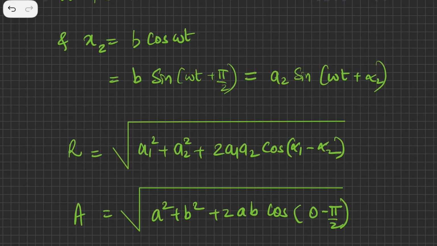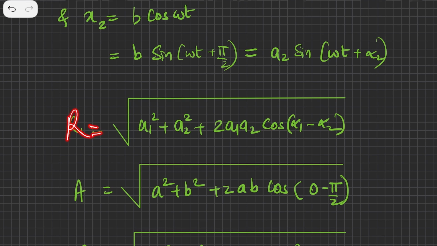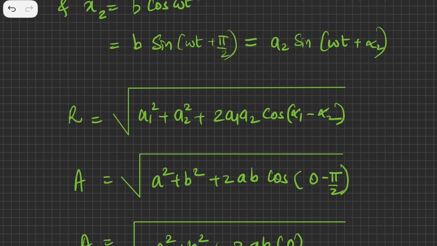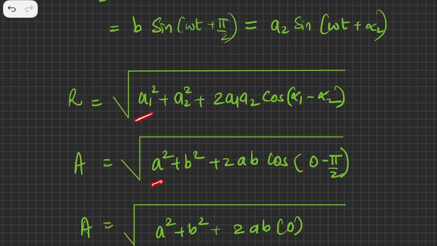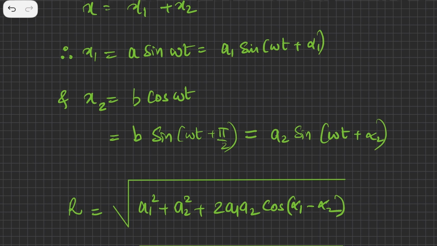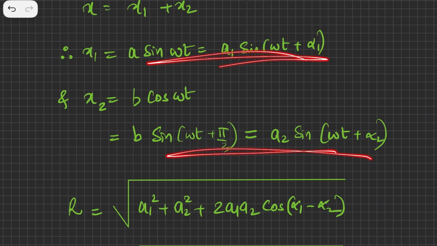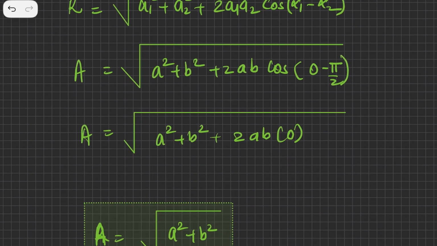Now my resultant amplitude formula is root of a1 square plus a2 square plus 2 a1 a2 cos of alpha 1 minus alpha 2. Now we'll put in the values. In place of a1 there is a, in place of a2 there is b, in place of alpha 1 it is 0, and in place of alpha 2 it is pi by 2.